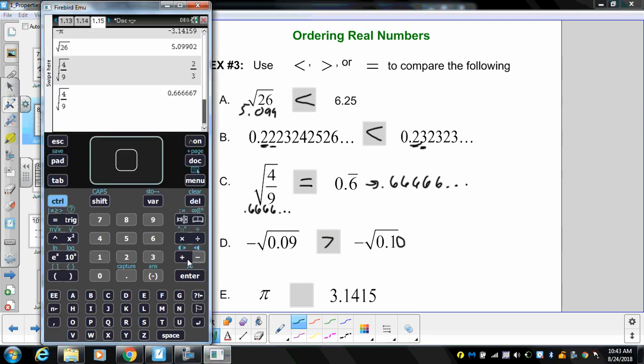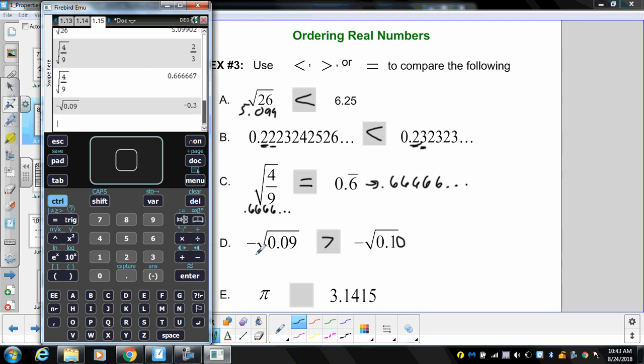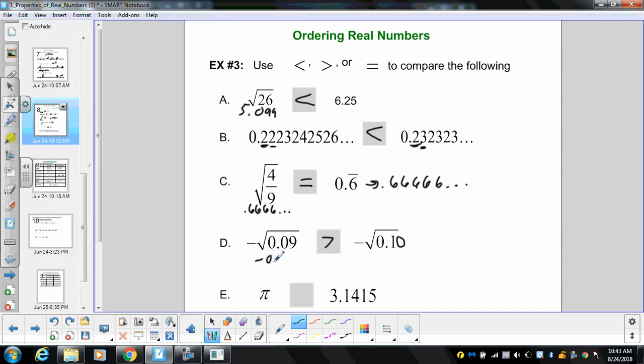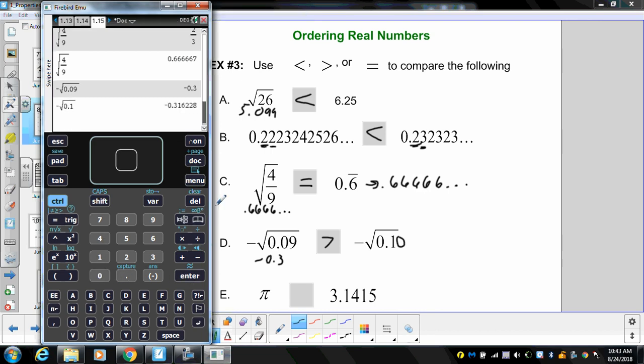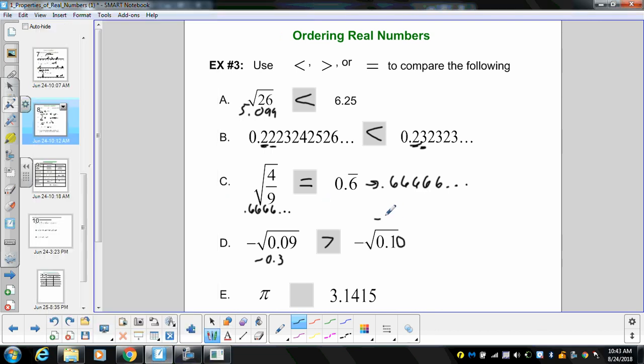But if you're not sure of that, again, you can just type in your calculator, negative, Control x squared, and type in 0.09, and you get negative 0.3, and then do the same thing to the other one. So that's negative Control squared 0.1. Hit enter, and you see that it's actually negative, what was it?